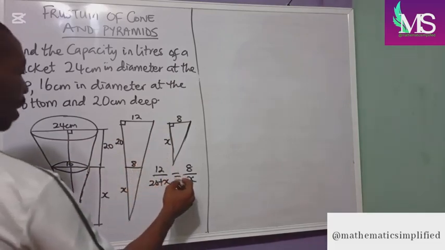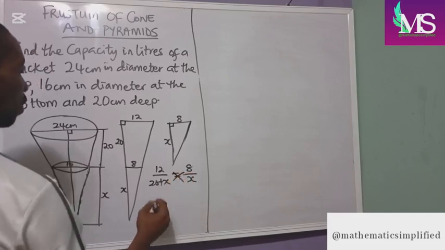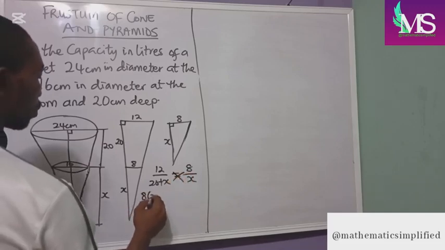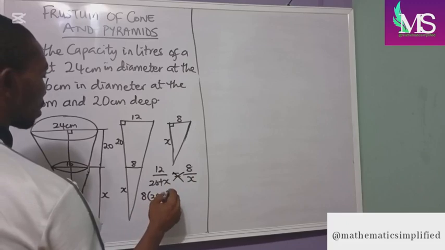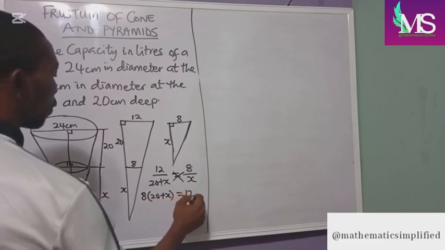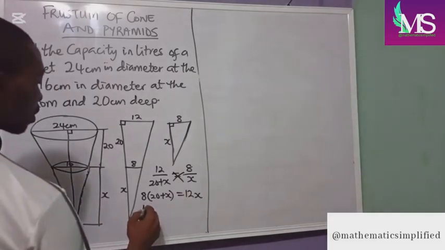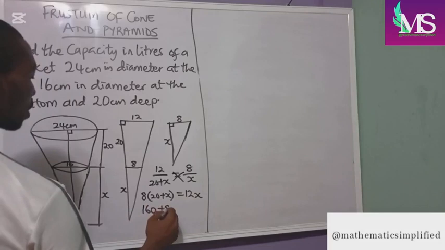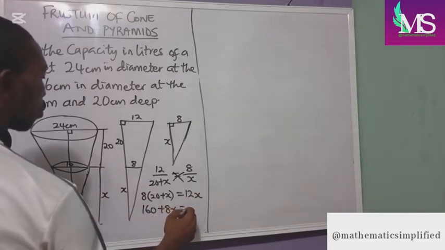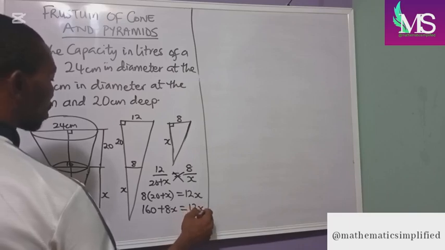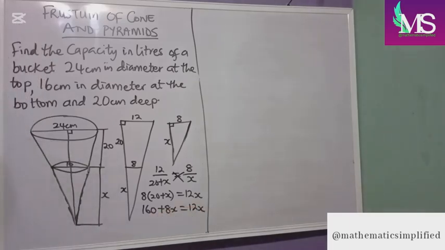Now we cross multiply. This becomes 8 bracket 20 plus x equals to 12x. Opening up this bracket, we're having 160 plus 8x equals to 12x. Now we collect like terms.